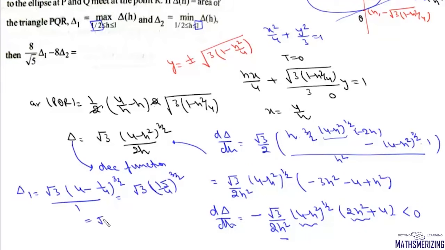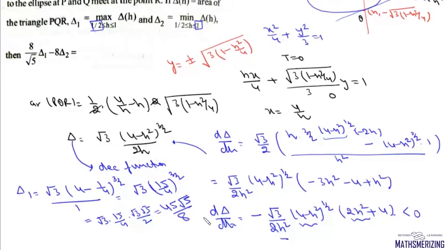So it will be root 3, 15 by 4, and then under root 15 by 4, and that should be root 3 root 5 upon 2. So we can simply write this as 45 root 5 by 8. So the maximum value of this area is 45 root 5 by 8.